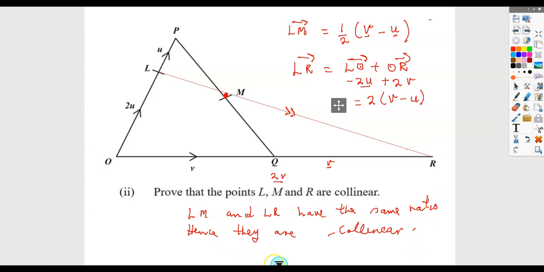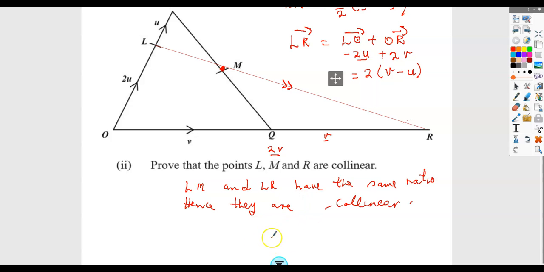You could also go on to express the ratio of LM to LR.